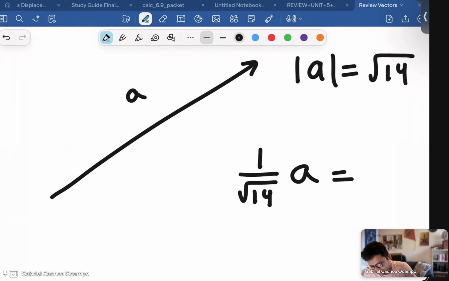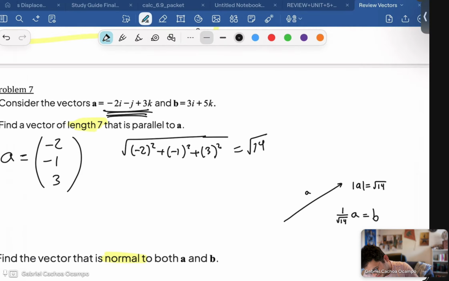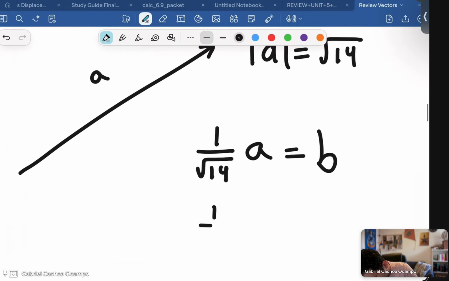I'm going to call this vector B. I mean that I am going to do 1 over the square root of 14 times -2, -1, and 3.